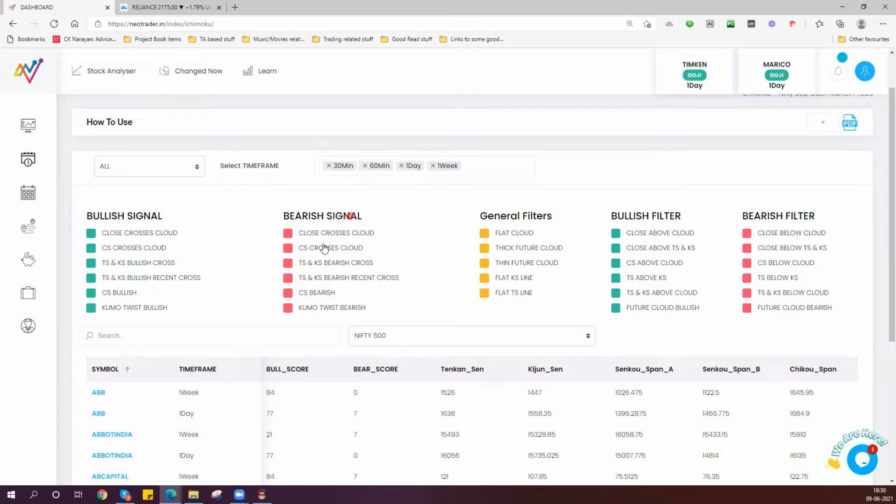So signals are something which are happening currently, whereas filters are status signals of where the stock vis-a-vis the Ichimoku indicator is. So that is the first thing which you need to know.